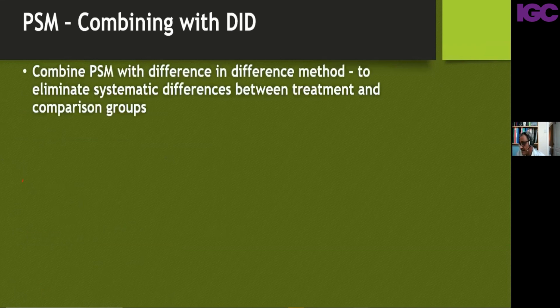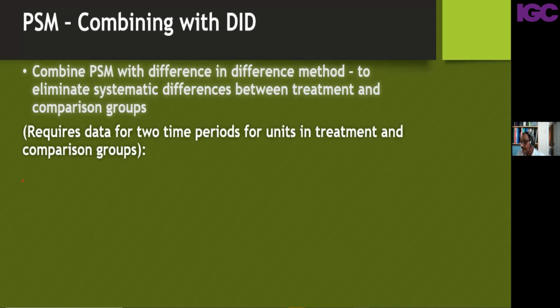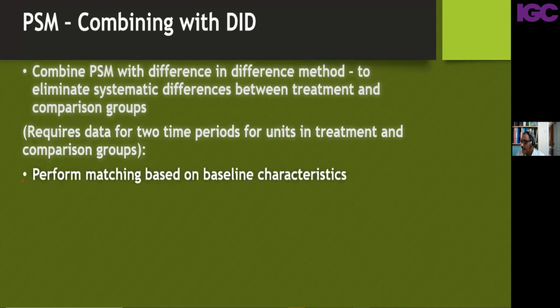Now, sometimes you may be able to combine propensity score matching with difference in difference methods. This can help you to eliminate systematic differences between treatment and comparison groups. So what kind of steps are involved? It's fairly straightforward, but it requires data for two time periods for units in the treatment group and in the comparison groups. You perform matching based on baseline characteristics, that is the pre-program characteristics.